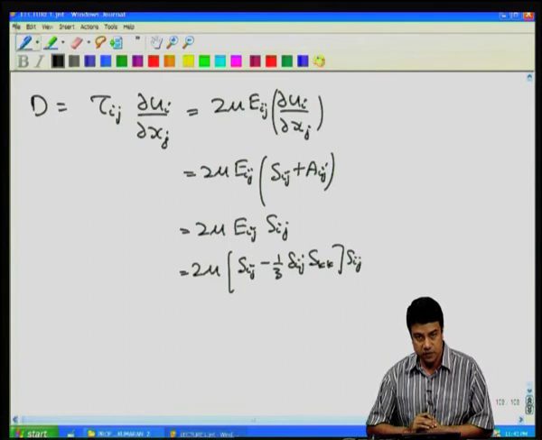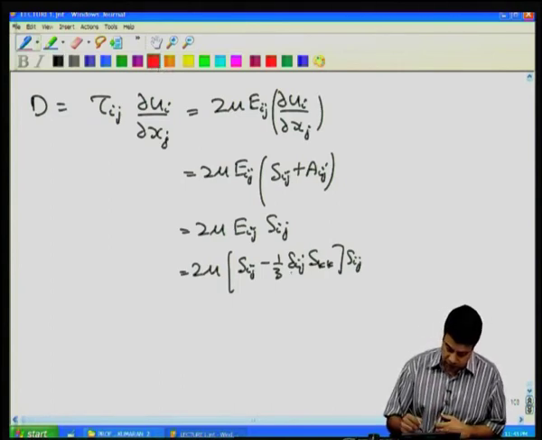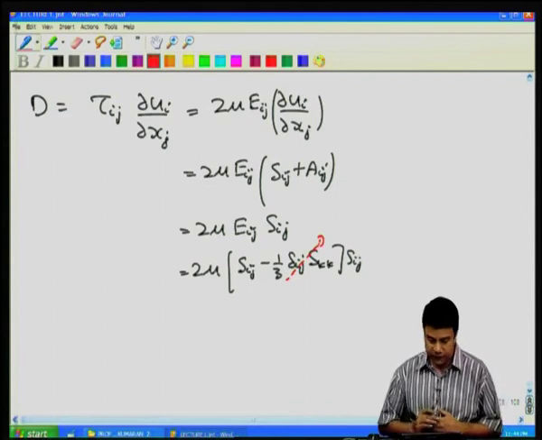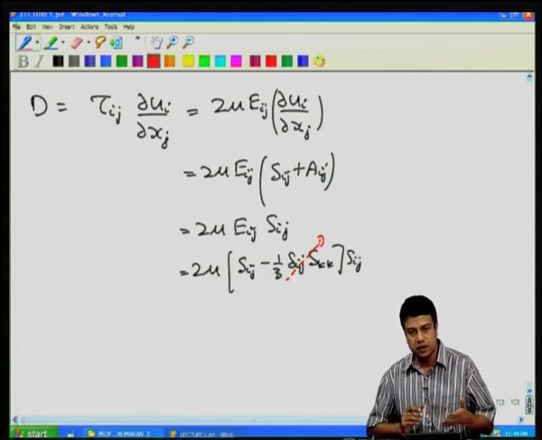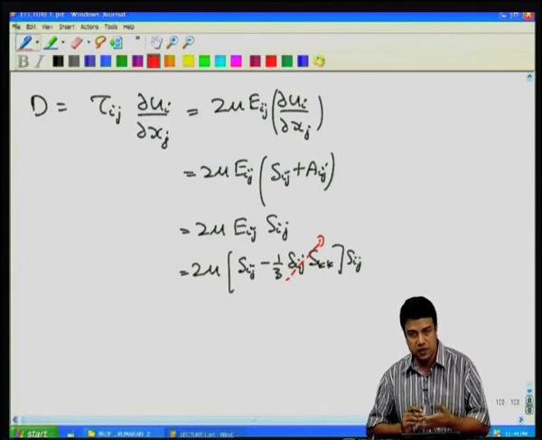For an incompressible fluid, Skk is equal to 0. This is the divergence of the velocity, which is identically equal to 0. Therefore, you can see that d is equal to 2 mu times the product of two symmetric tensors. The product of these two symmetric tensors will always be positive, because both tensors are symmetric.